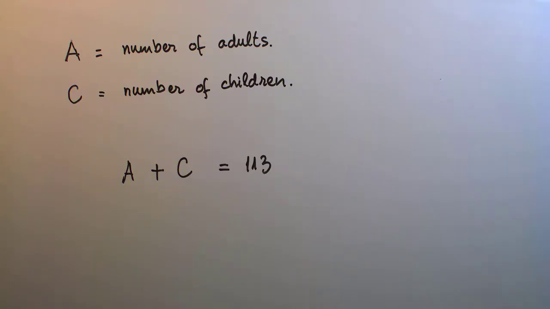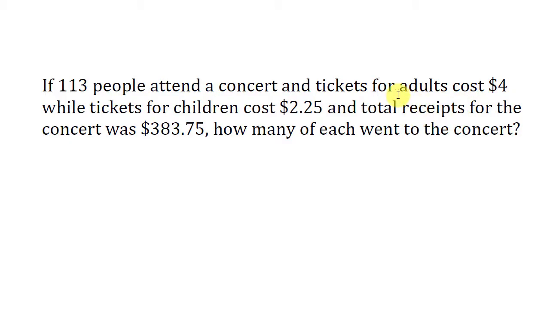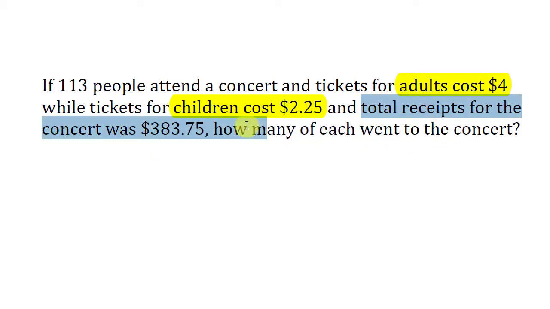Let's look for another relationship. The problem says tickets for adults cost $4 each and for children $2.25 each, and more importantly, the total receipts for the concert was $383.75.